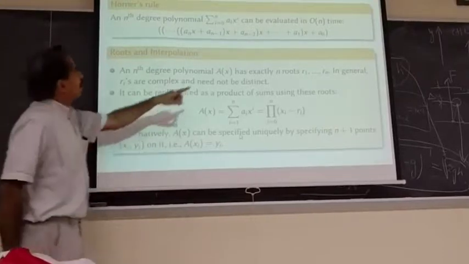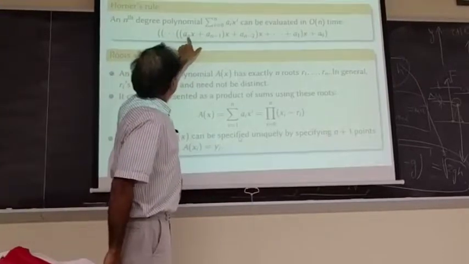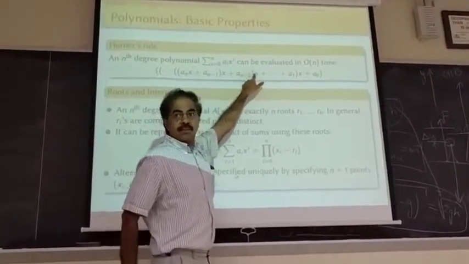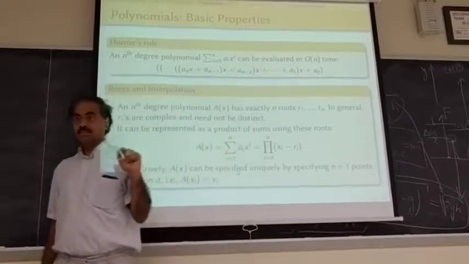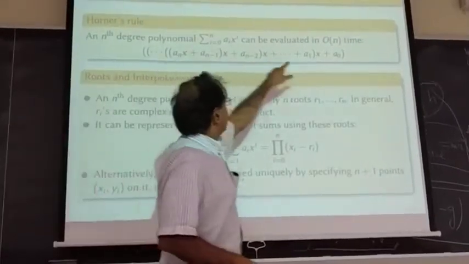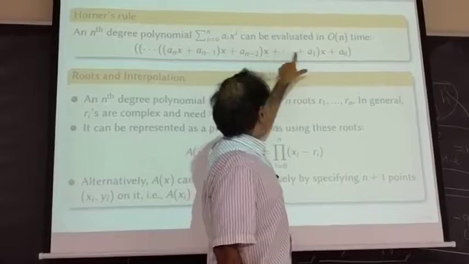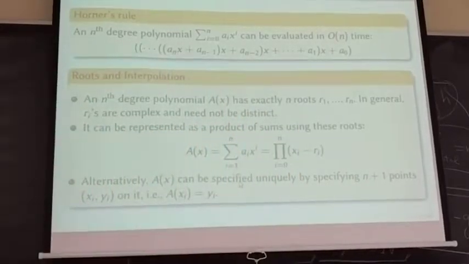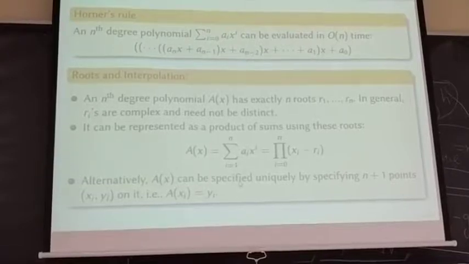Okay, so after each a_i, there is one instance of x, right? So that means there are n coefficients, then there are n multiplications, correct? So Horner's rule allows you to calculate an nth degree polynomial using order n operations, or let's just say O(n), or just exactly n multiplications.